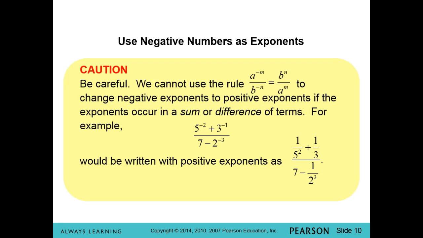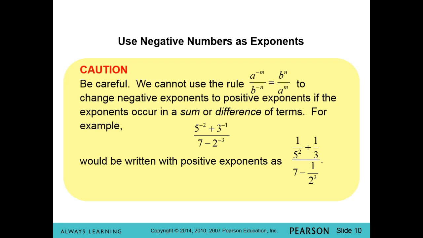Okay. That change to this we can use. This is correct. Move the b upstairs to lose the minus, and move the a downstairs to lose the minus exponent there. That's correct. Okay? We cannot use that rule, which is correct, to change negative exponents to positive exponents if the exponents occur in a sum or a difference of terms. Okay?